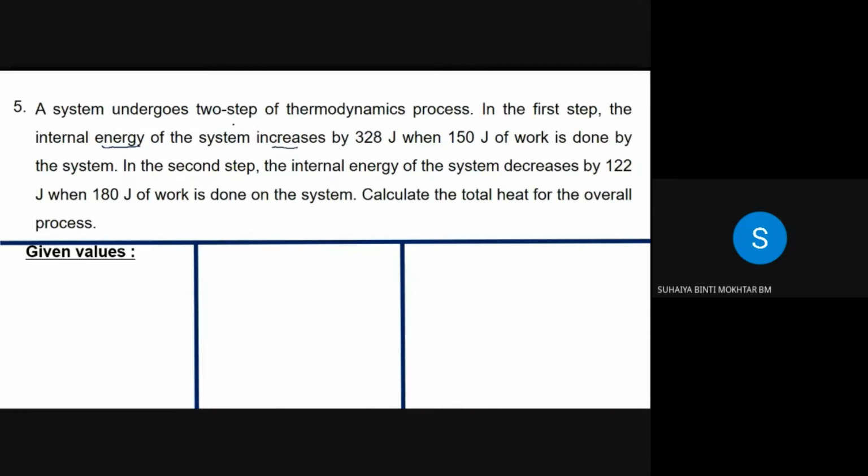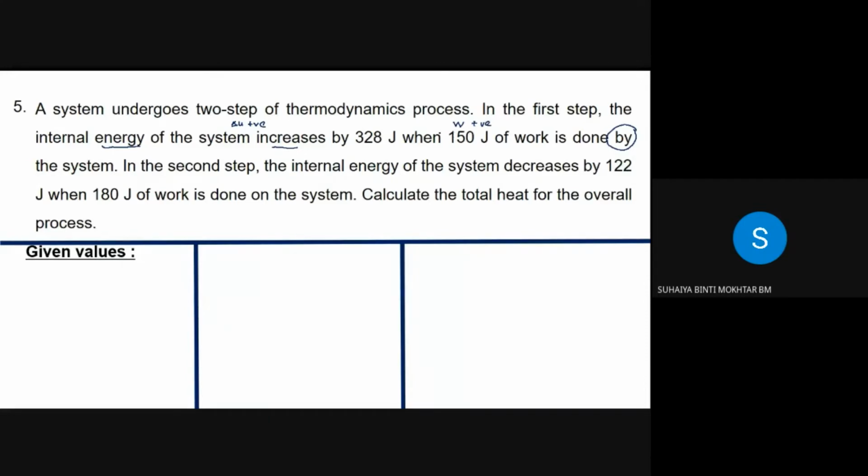Okay, so delta U positive, when 150 joule of work is done by the system. So is work done here positive or negative? Positive. Okay, so delta U positive, work done positive.